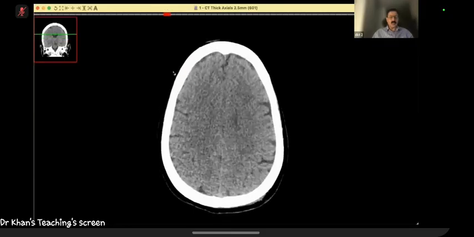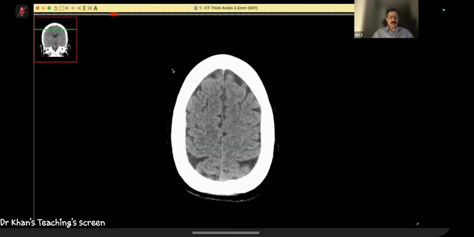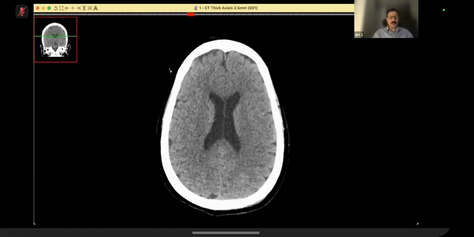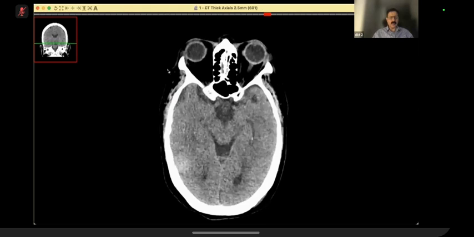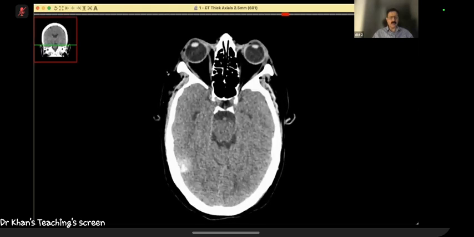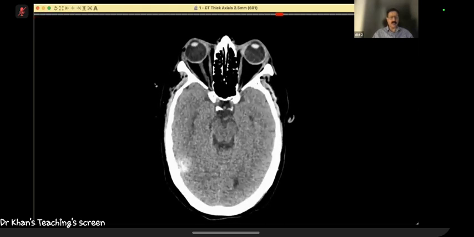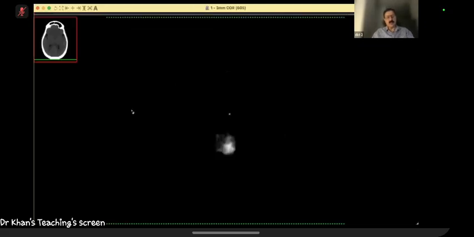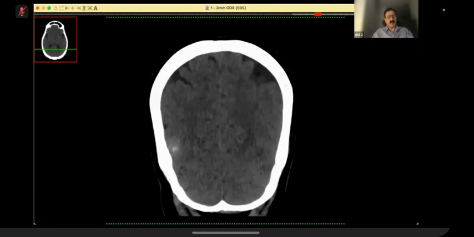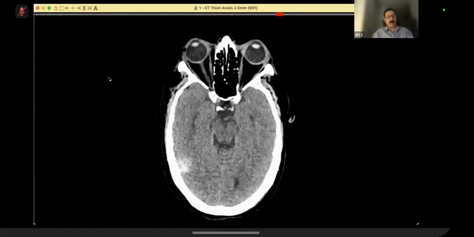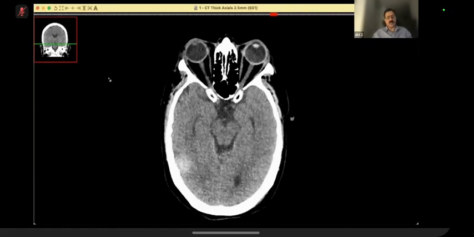So this case was an incidental meningioma, which had internal calcification. Meningiomas can be high density, and this one actually had calcification inside. It was confusing because of the history.